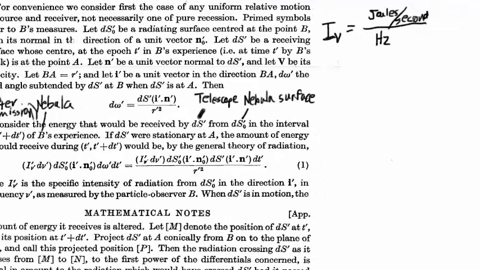But it's also distributed over the surface area of the nebula, so that is per meter squared of nebula, and it is also per steradian of the aperture.